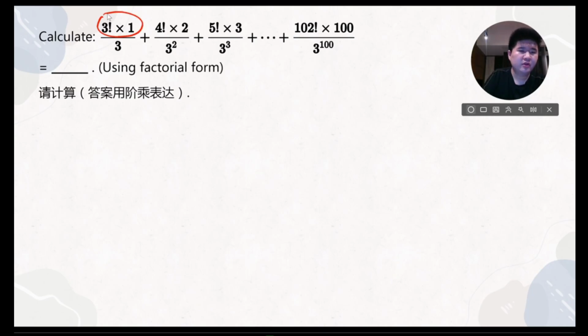So here the key part is still the factorial. To get from the factorial of 3 to the factorial of 4, we need to multiply by what?